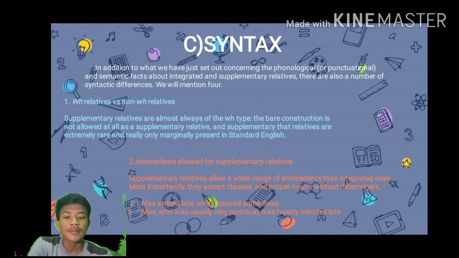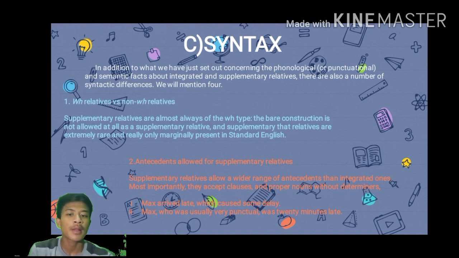The second: the antecedent allowed for supplementary relatives. The supplementary relatives allow a wider range of antecedents than integrated ones. Most important, they accept clauses and proper nouns without determiner, as in the examples.